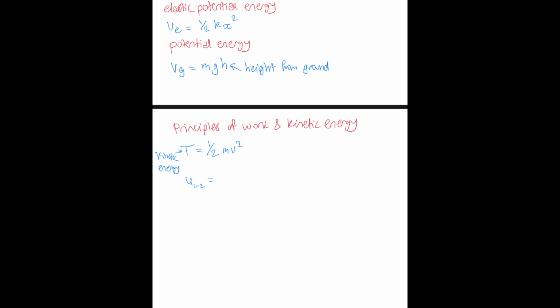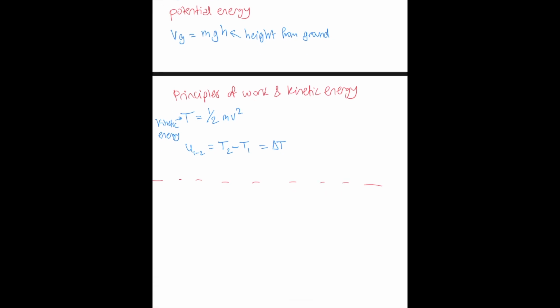And the work done is going to be equal to T2 minus T1, or the difference in kinetic energy. So now that we're done with our new material, we can delve into the question.